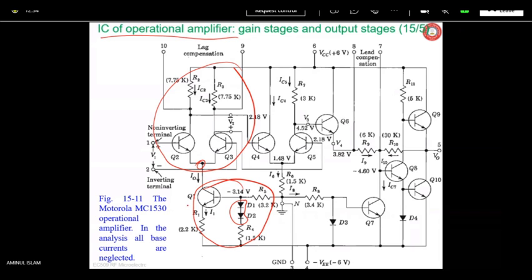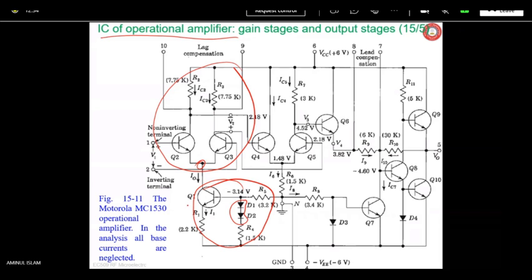Externally, you know, IC 741, you know. So now we'll be utilizing operational amplifier in general. Whether it will be this one or this one doesn't matter. Its general characteristic is the same.